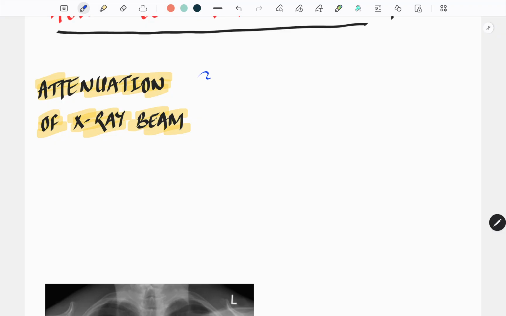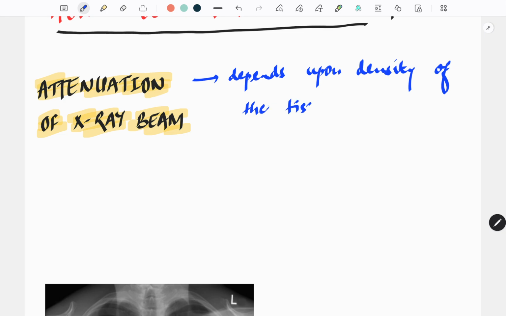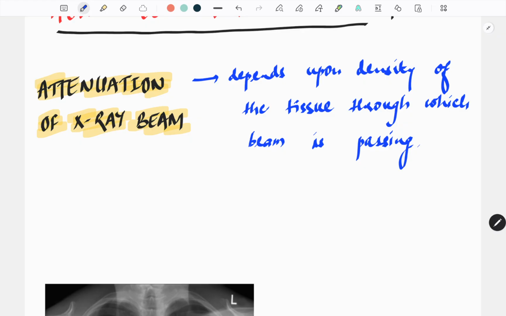Attenuation of the x-ray beam depends upon the density of the tissue through which the beam is passing.